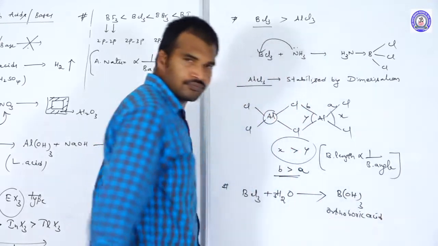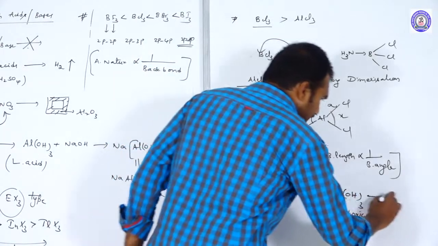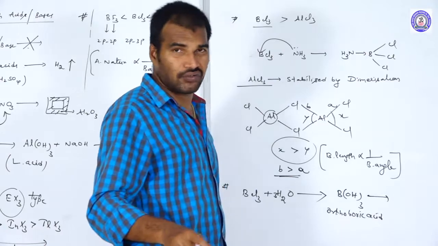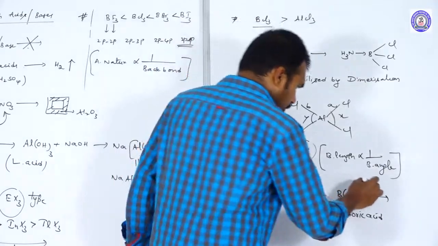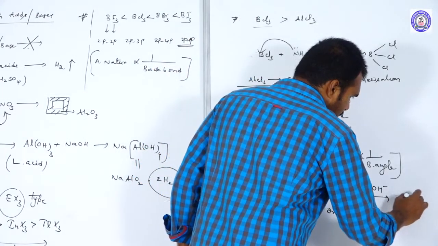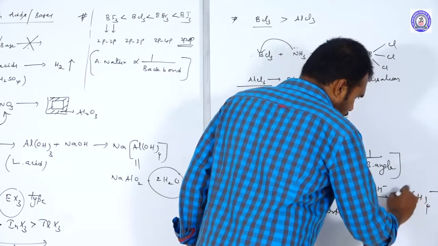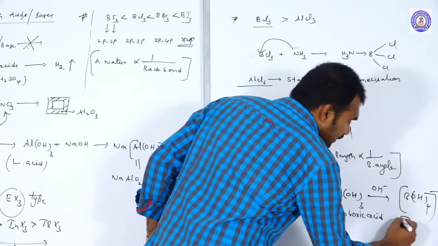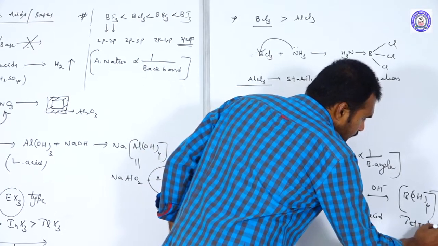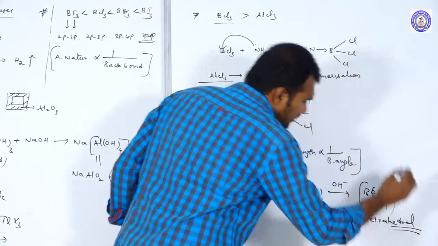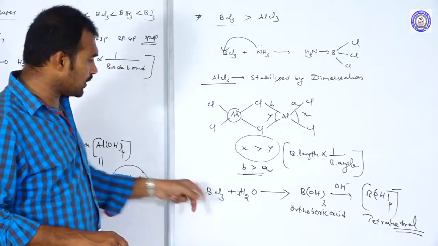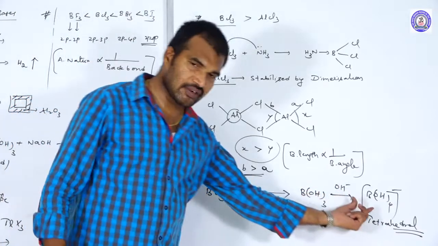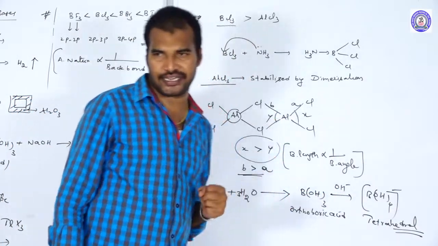Orthoboric acid is still electron deficient, and it accepts one more OH minus and forms [B(OH)4] minus. What is the structure of this? Tetrahedral structure. So the question is, when BCl3 is hydrolyzed, what units do we get? Tetrahedral units.